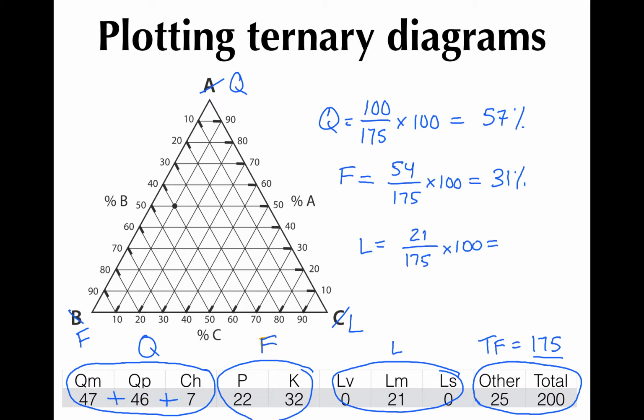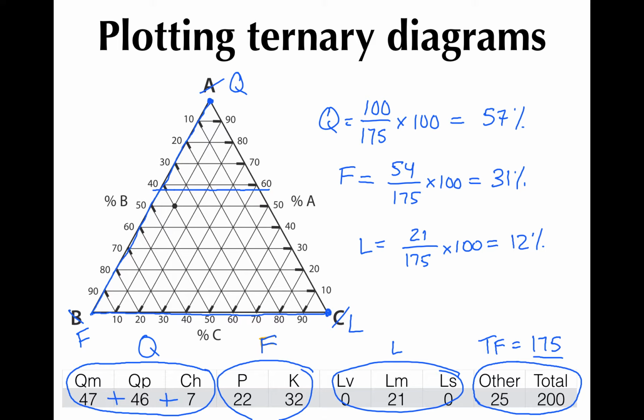So to plot these values on the QFL diagram, all you do is count from 0% Q to 100% Q. You find the value that you have, and 57% Q will lie somewhere right along this line. For our feldspar, we go from 0% feldspar, which would lie along that axis, to 100% feldspar, which would lie at that pole.